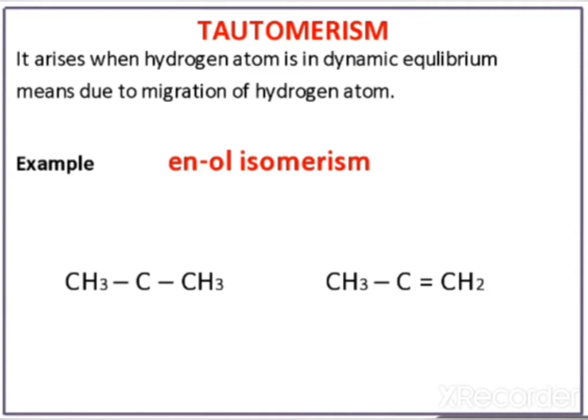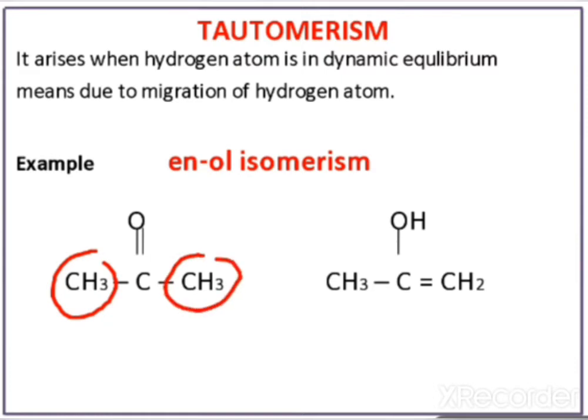In the first case, we have the compound CH3COCH3. Where are the hydrogen atoms? 3 hydrogen atoms are with this carbon, 3 hydrogen atoms with this carbon. So this is a ketone, but 1 hydrogen from this carbon shifts to oxygen and the bond shifts to this position. See how?